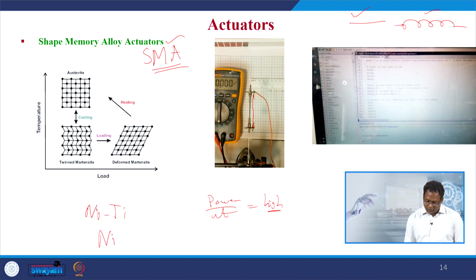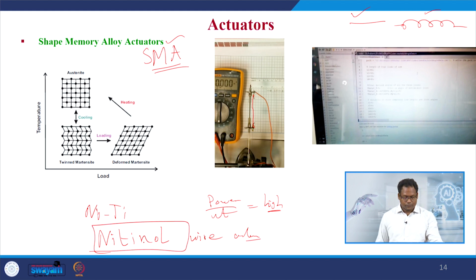It is also called nitinol wire actuator, nitinol actuators, because it is a combination of two metals, two alloys, you can say nickel and titanium. So, the phase transformation happens for this actuator in order to perform the actuation task.